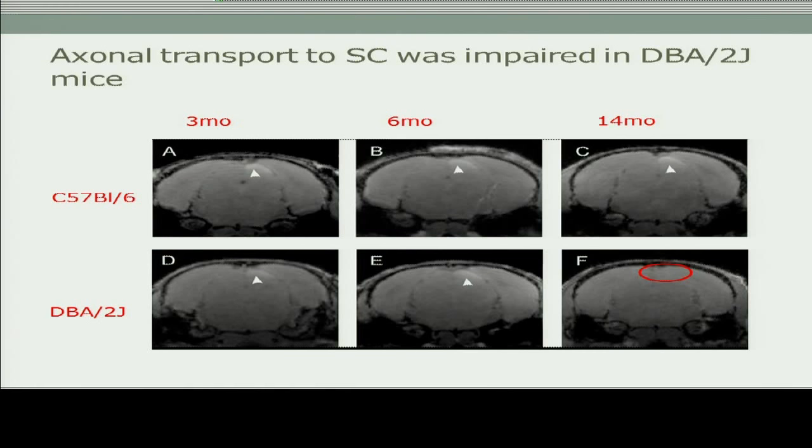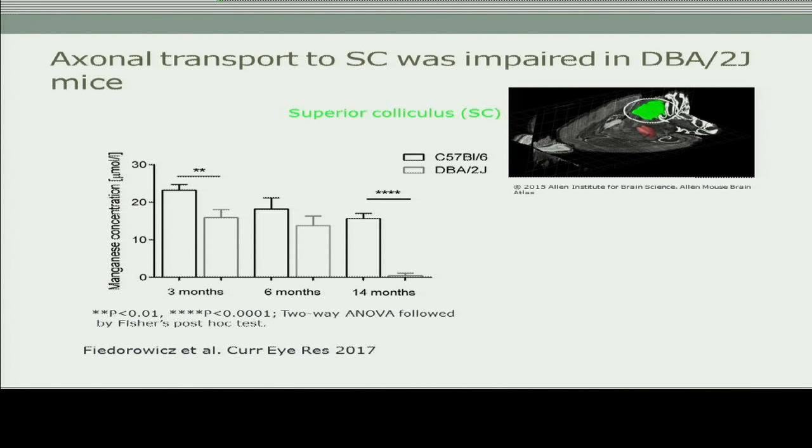So to get some numbers from this, we adopted a method for quantitative evaluation of axonal transport with MEMRI, and it showed us that first of all there's an early difference at 3 months, so it's even earlier than we observe any changes in intraocular pressure. And of course, at 14 months, at the advanced stage, there's a complete failure of the axonal transport.